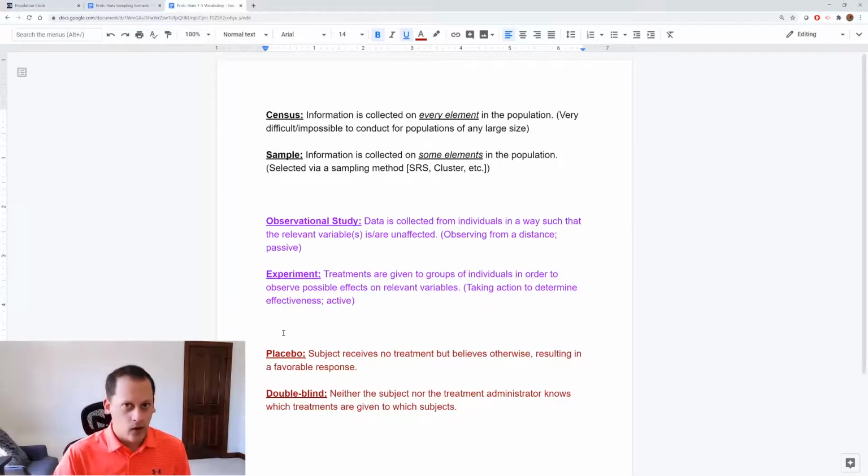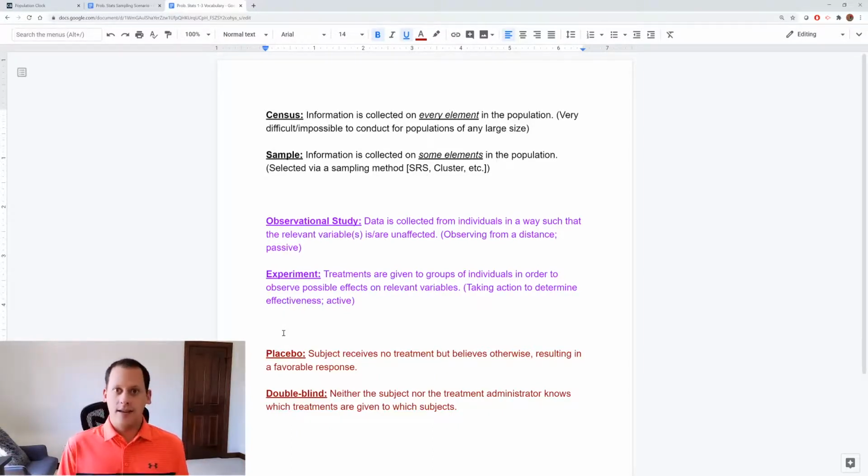It doesn't really matter, whatever. It's just a placebo. Like they wouldn't say that, but they might act that way. And that could influence the results. It could mean that a difference in weight loss in the two groups could be because of the doctor and not because the drug is effective. And we don't want that. We want to eliminate any sources of bias that we have. So we blind the doctor as well as the subjects.